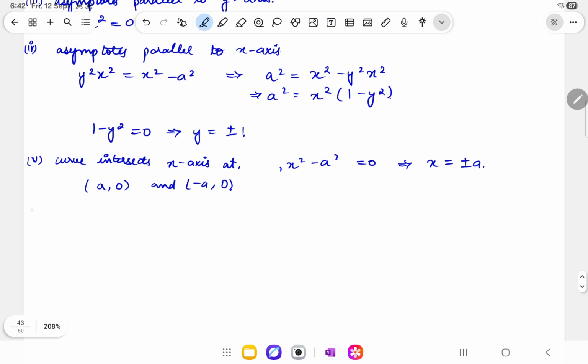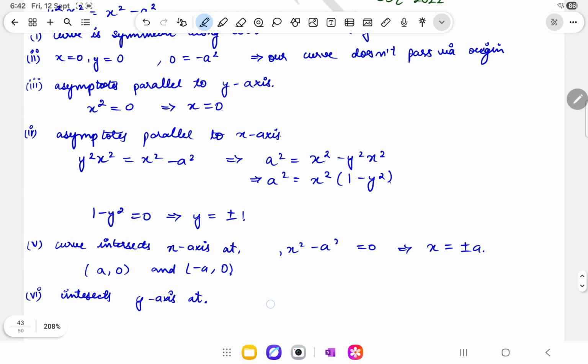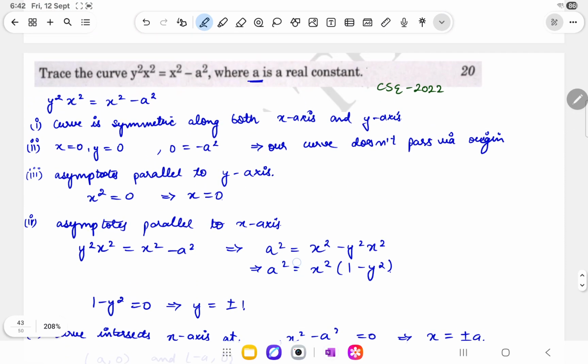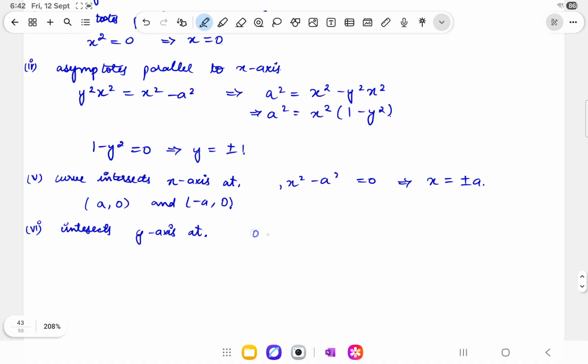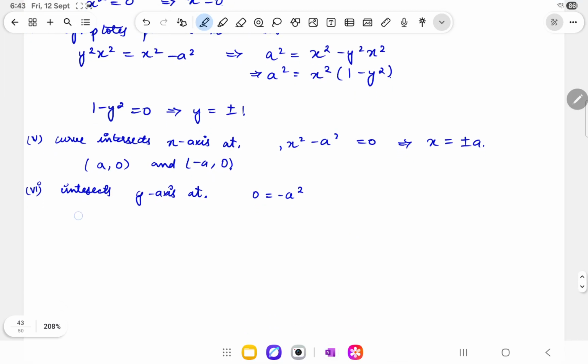Also for the y-axis, I need to put x equals 0, but then I get 0 equals minus a square. That is an absurd result, so my curve doesn't intersect the y-axis.